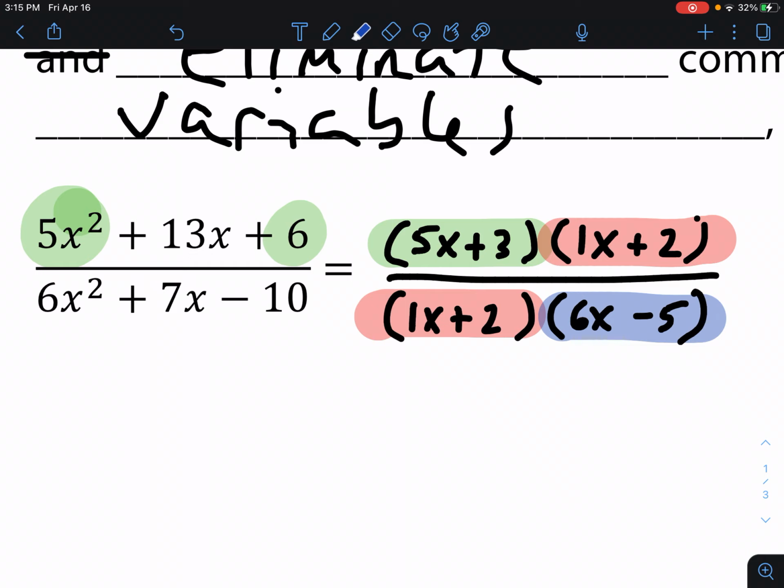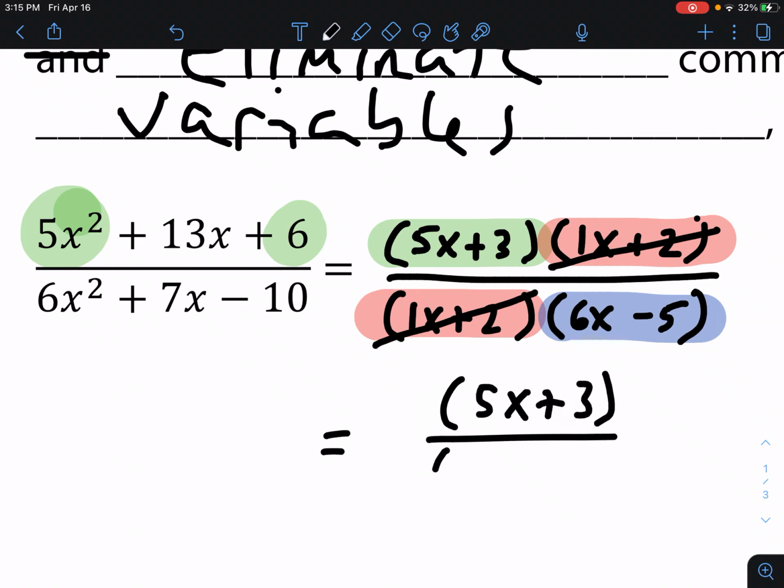Okay, so in this case, our common factor is parentheses 1x plus 2. And so I'm just going to go ahead and eliminate that. And when I do, I end up with 5x plus 3 over 6x minus 5.